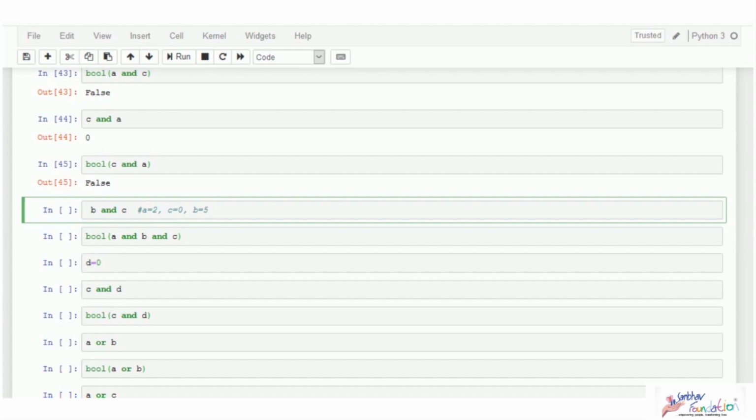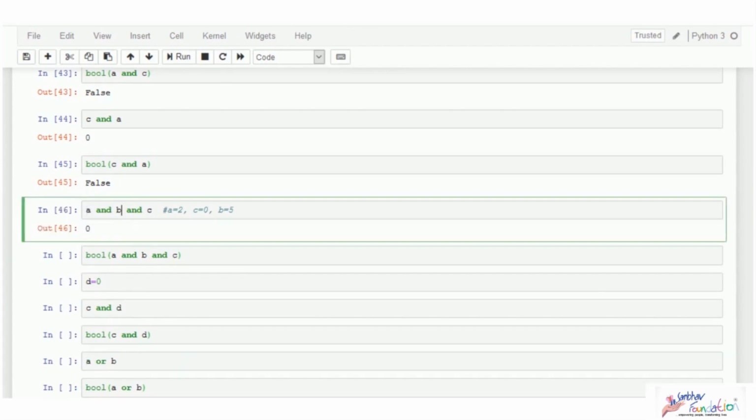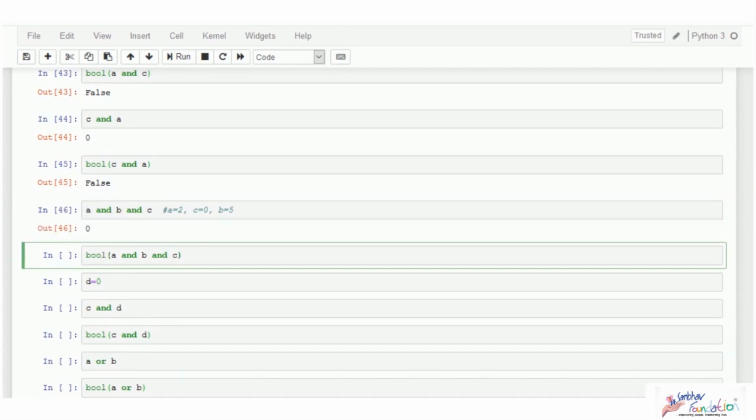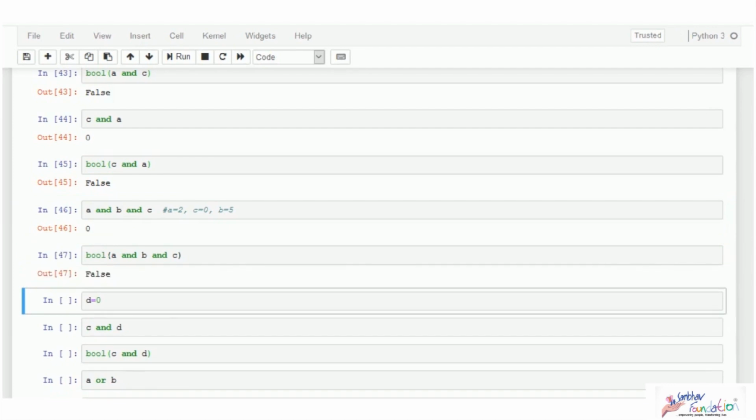When I say true and false, I mean the corresponding Boolean relation to the non-zero number and zero numbers. So B is non-zero, which stands for true, and C is 0, which stands for false. So true and false, the result is false, which is C. That is the output which we will be getting. And again, if you check the Boolean value, it is false.